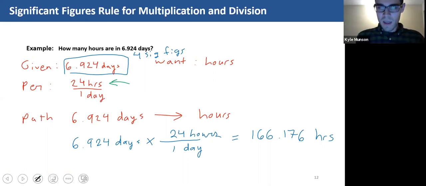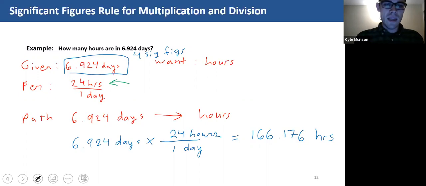Well, remember, if you go back, by definition, there are exactly 24 hours in 1 day. And exact numbers are infinitely significant, right? They don't have uncertainty. So they don't count. In other words, they don't limit the amount of significant figures we can have in our answer. So we're only limited by what we started with, which was 6.924 days, which had 4 significant figures, which means our answer can only have 4 significant figures, okay?